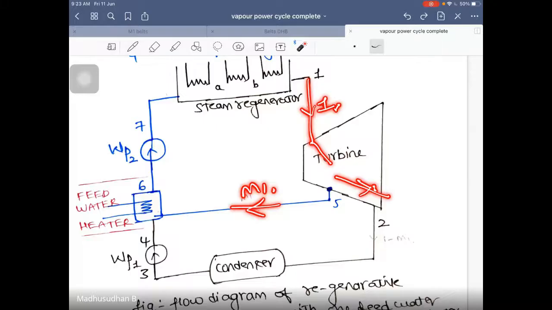Excellent, guys. It is 1 minus m1 amount of steam that is undergoing the next stage of expansion. Thereby, the same fluid going into the condenser is 1 minus m1. Understood?